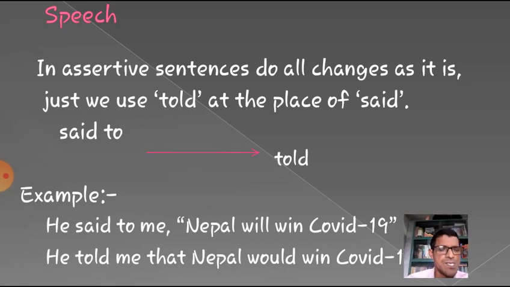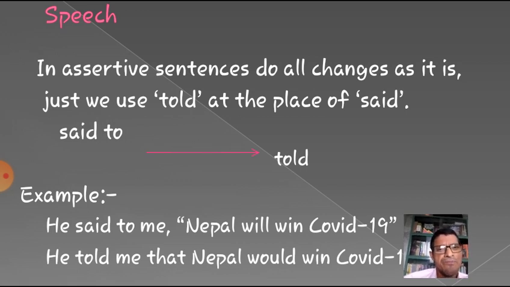So dear student, I hope you know that thing. Again, I would like to remind you about this. If in the reporting speech said to is there, then said to can be changed into told, whenever changing direct speech into indirect speech, if the sentence is an assertive sentence.